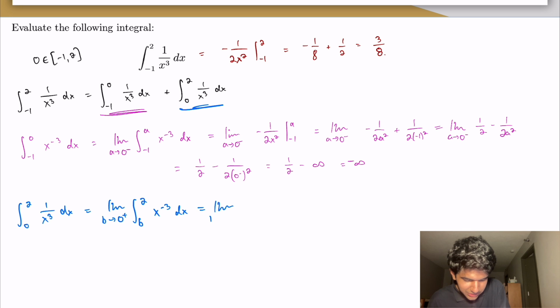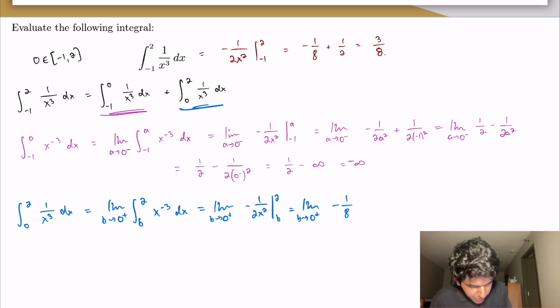To speed through this a little bit, we get the same result here, evaluated from 2 down to b. This is the limit as b approaches 0 plus of -1/8 plus 1 over 2b squared. Plugging in that 0, we get -1 over 8 plus infinity, which is equal to infinity.